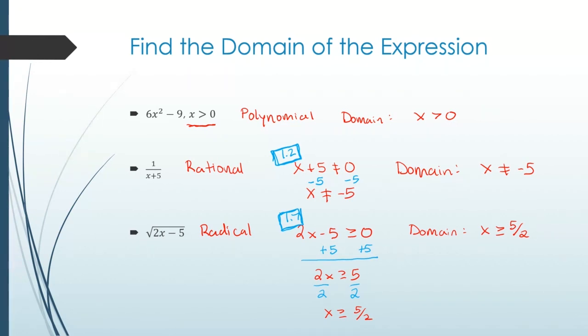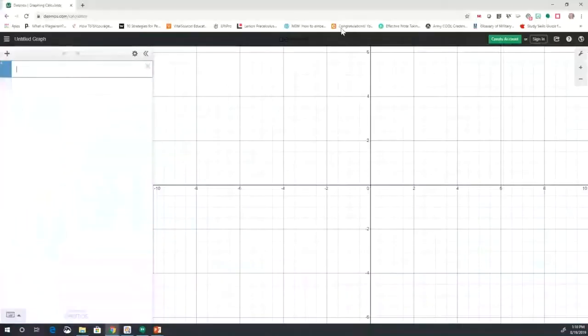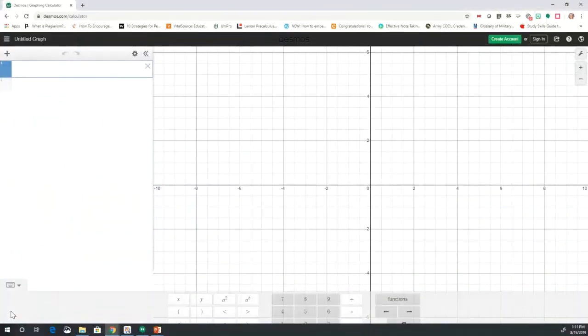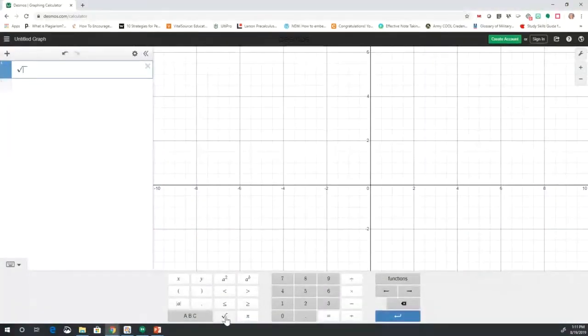So I'm going to bring up Desmos, and I'm going to put in the square root of 2x minus 5. x is our horizontal. Now this graphing part is technically something in P.6, but it's assumed you've had some experience with graphing before. 5 halves is 2.5.